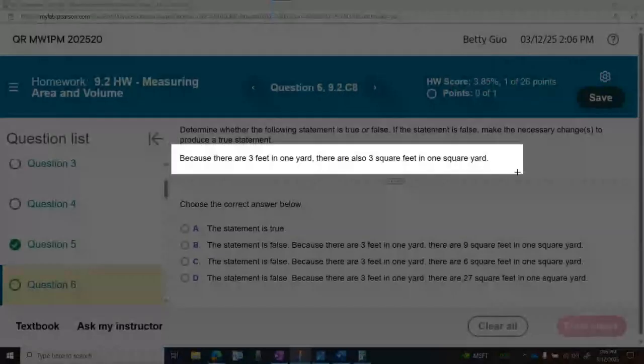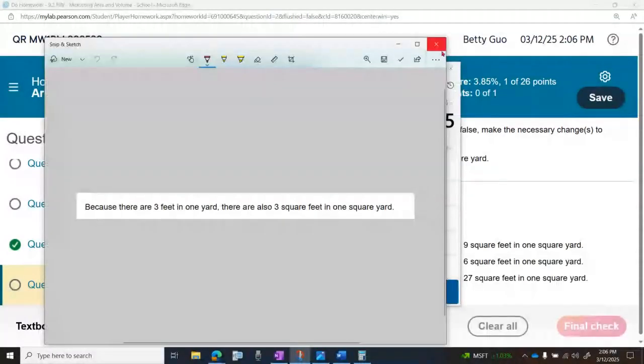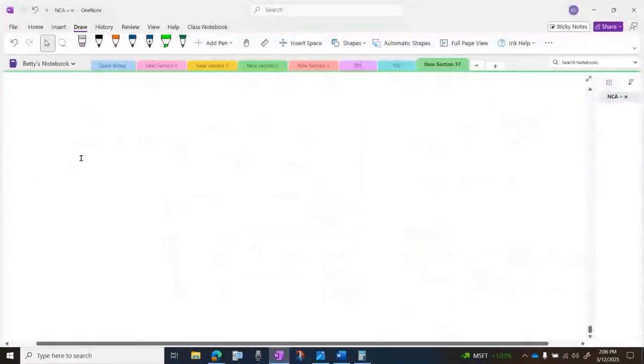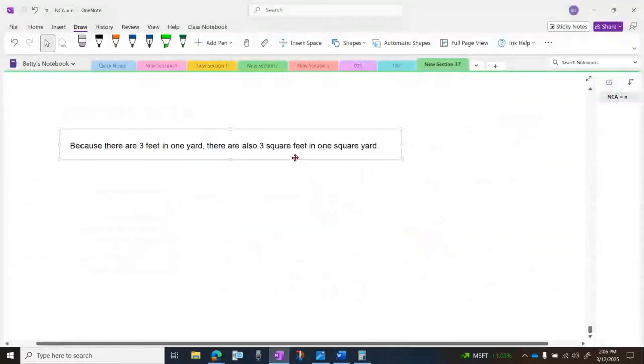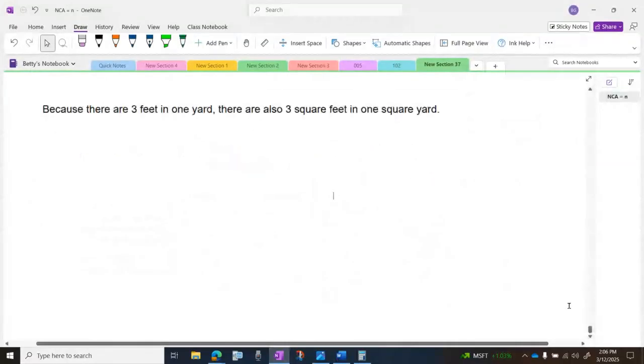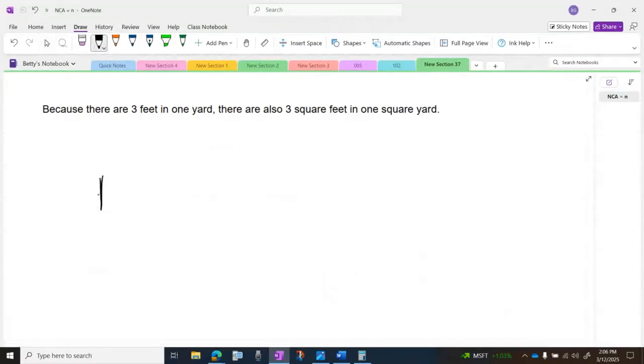Let's see how the unit change impacts the area. Okay, we're going to do one area and do a volume as well. So area is a two-dimensional concept. Let's see, this is a square, and this is 1 foot.